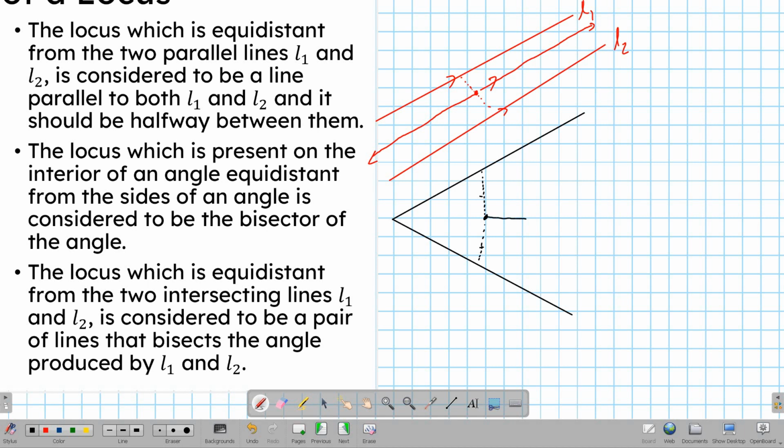So, pwedeng papunta dito or papunta dito. Medyo sablay man. Pero anyway, the locus of points, which is present at the interior of an angle equidistant, is considered to be the bisector of the angle.